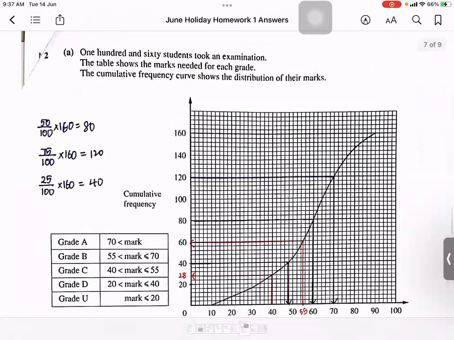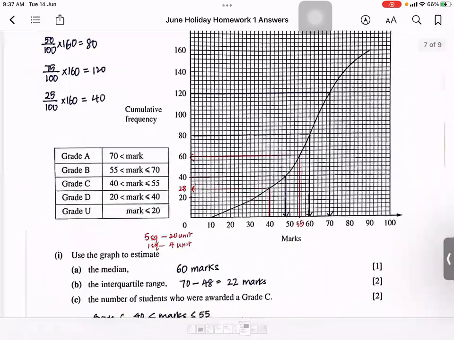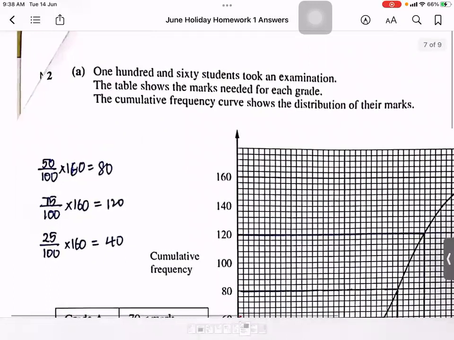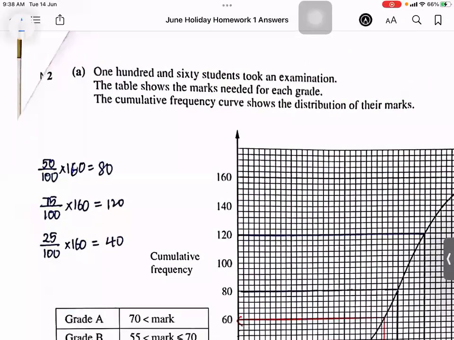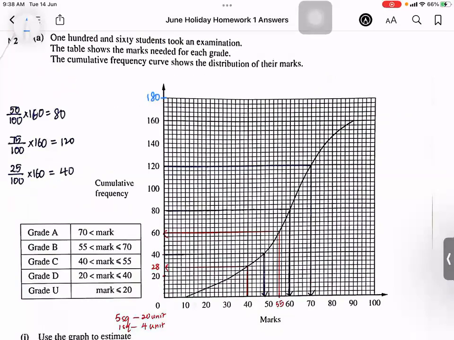Now, this question itself is actually cumulative frequency. A few things to take note. First one, they already tell you 160 students took the examination. Just to be aware, sometimes the scales may give you, let's say, 180. Then a lot of students will not read. You have to read the total to be where the curve stops.